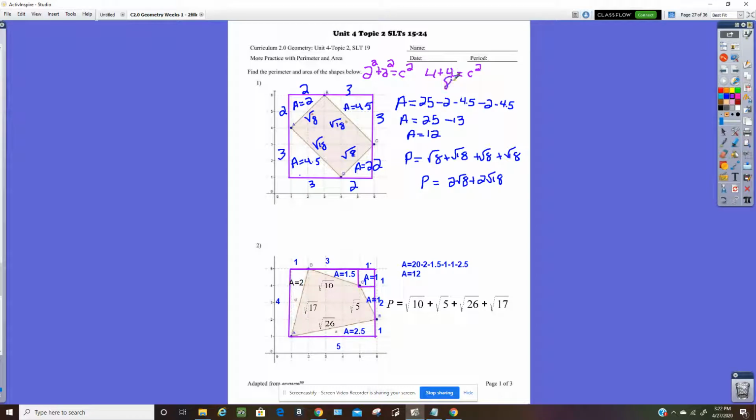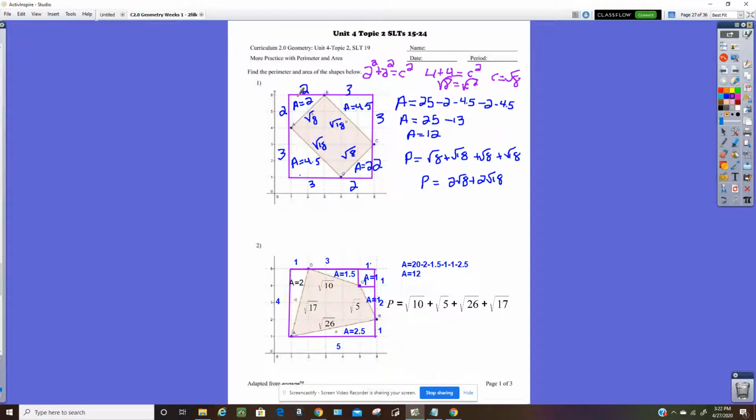So 8 is c squared, and then take the square root. So c is the square root of 8. So this is the square root of 8. This side is also the square root of 8. It's a rectangle with equal opposite sides. Then I did 3 squared plus 3 squared, which is 18, and this side is the square root of 18, and so is this one.